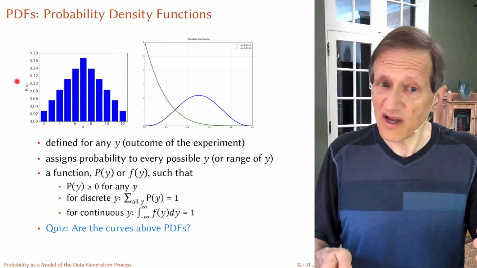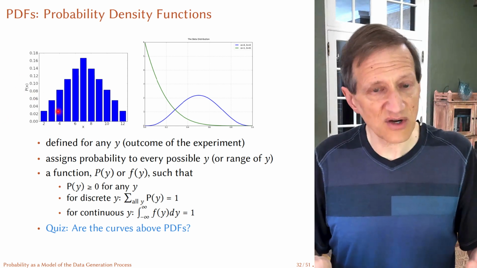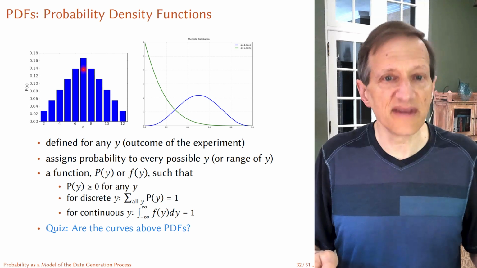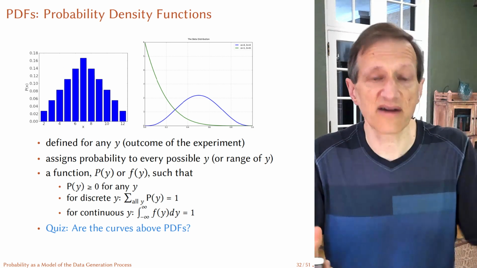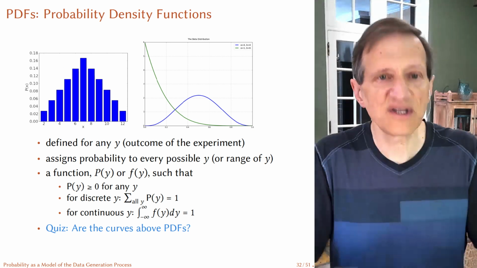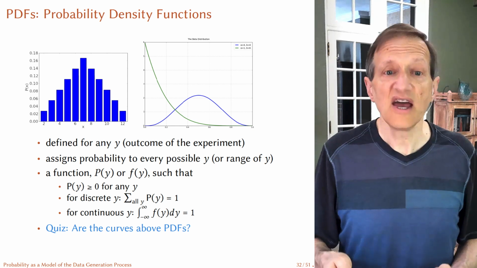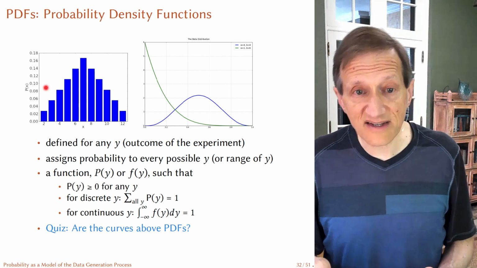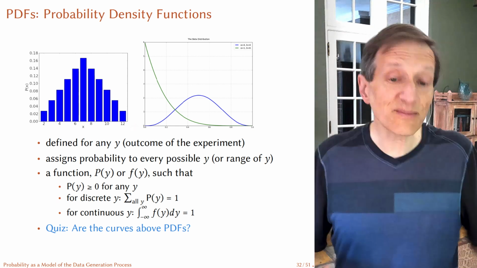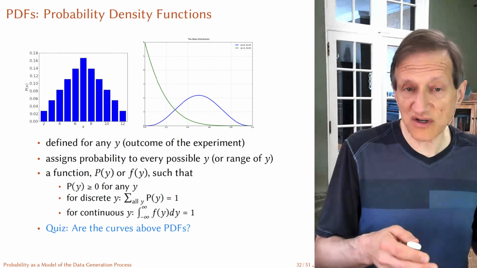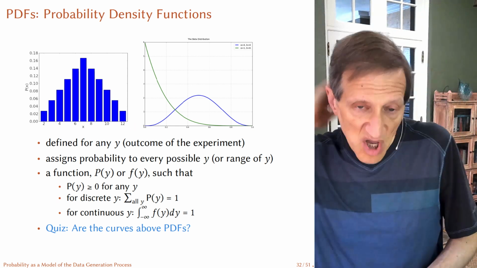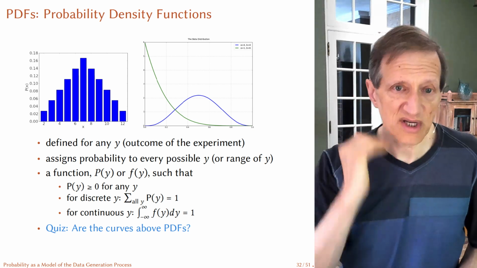They could be 0, they could be positive, but they can't be negative. And so, if those two rules apply, then it fits the definition of a probability density, in this case, for a discrete density. Sometimes that's called a probability mass function rather than a probability density function. We'll just use probability density for both.